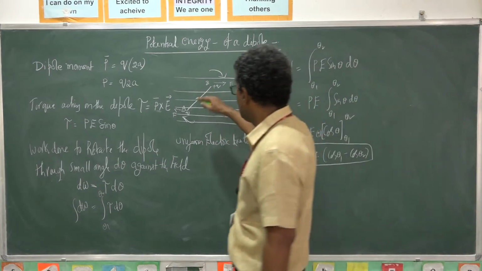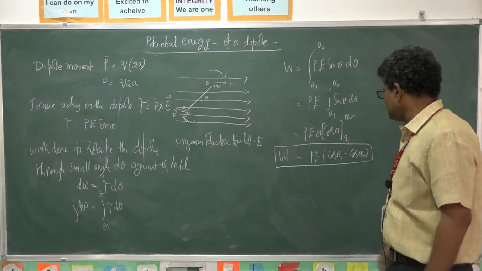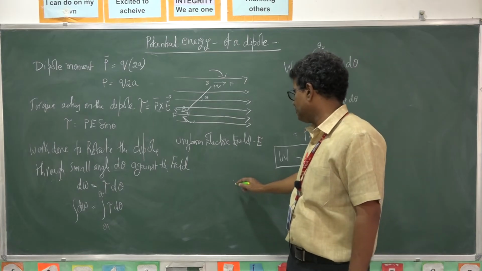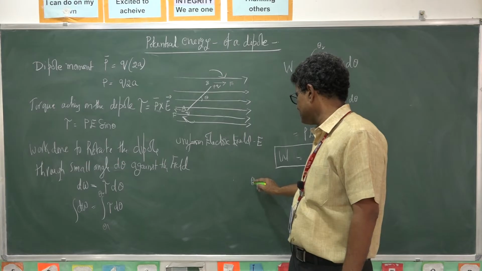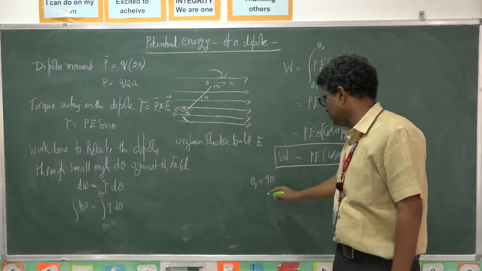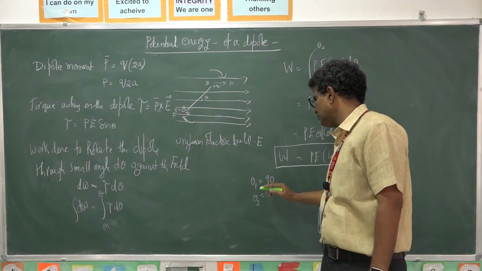So this is a potential energy. Suppose you rotate from an angle of 90 degrees: theta 1 you take 90, and theta 2 let it be theta.